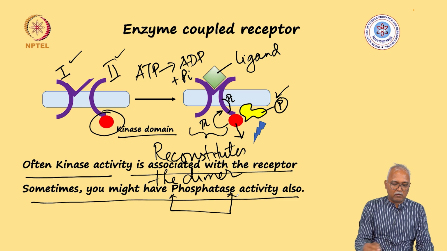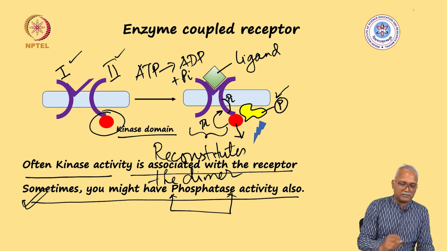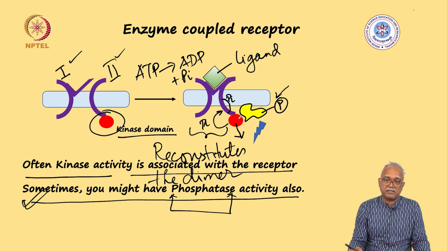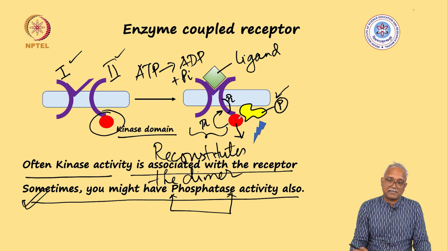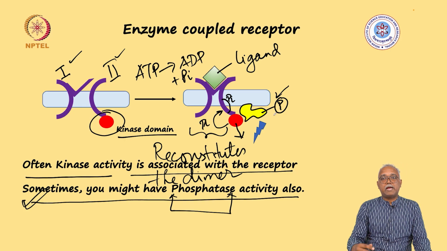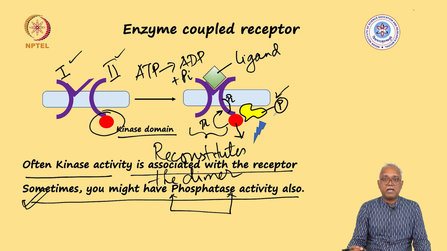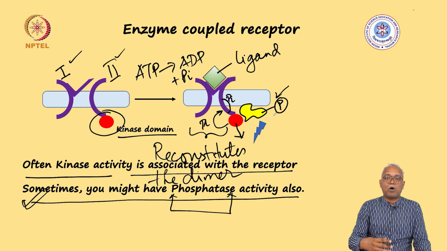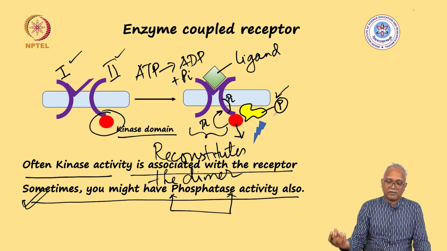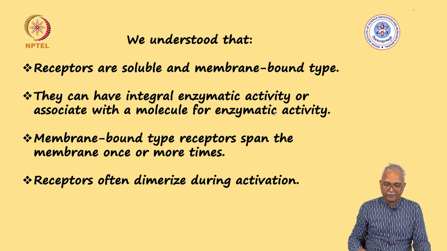In addition to that, what I meant from this particular statement is that the receptor itself can have phosphatase activity. Rather than kinase activity, they can have phosphatase activity. And once this molecule is phosphorylated, it can have thousands of targets. And we will see in coming classes all the places where phosphorylation can actually happen and how that leads to the further activation of the signaling.